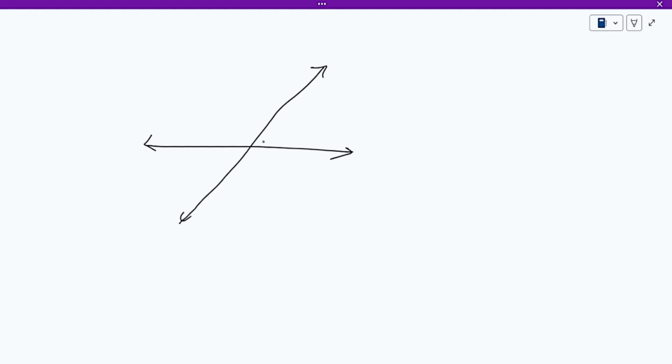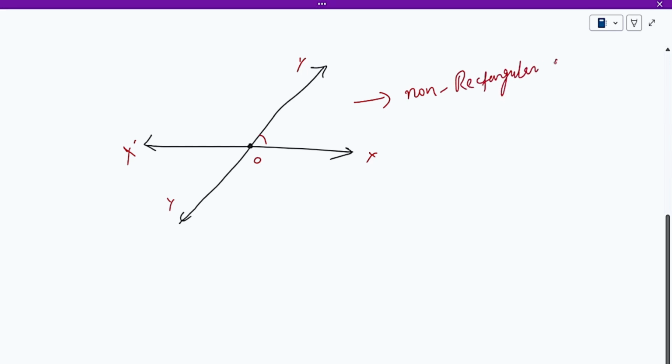This is also a reference line, and this is the origin, but here the angle is not 90 degrees. So this xy plane is a non-rectangular plane. You will learn these in a higher standard. We are just figuring out the meaning of rectangular axes and non-rectangular axes.